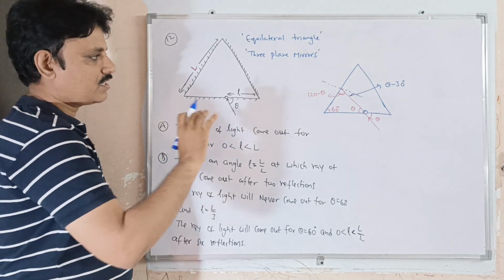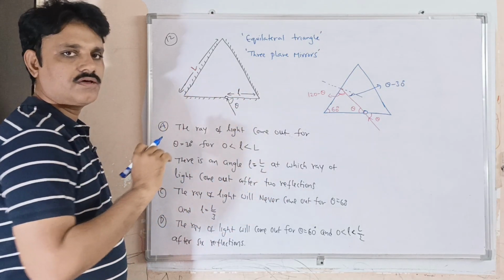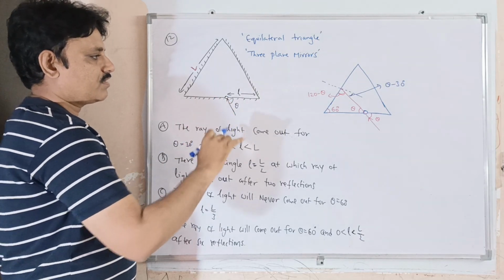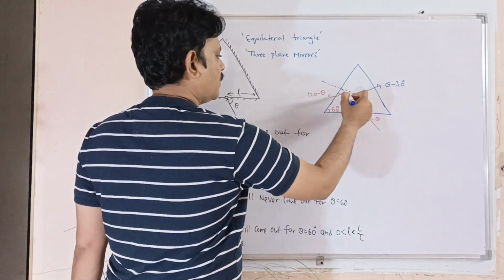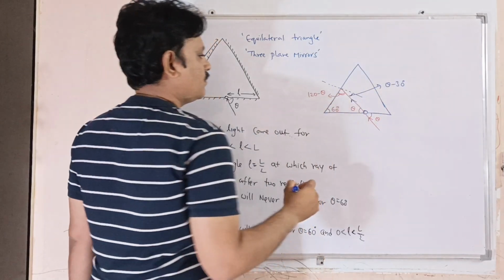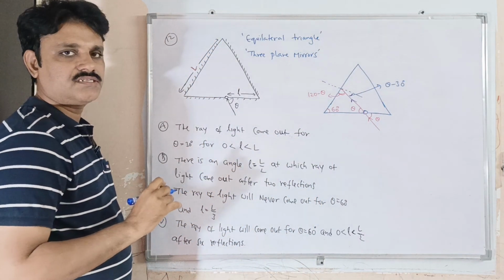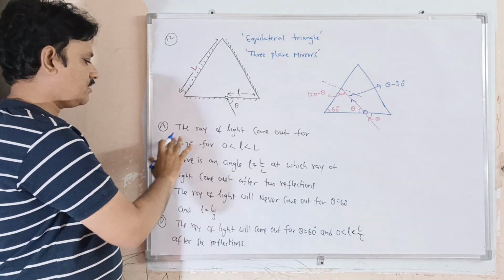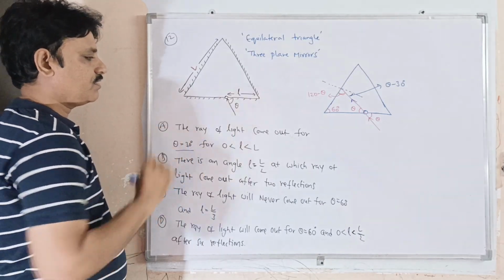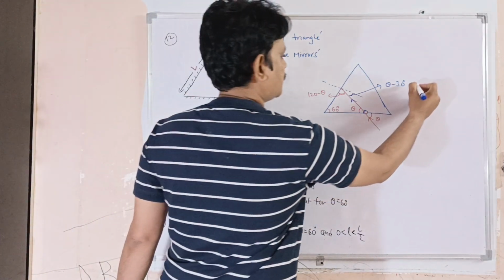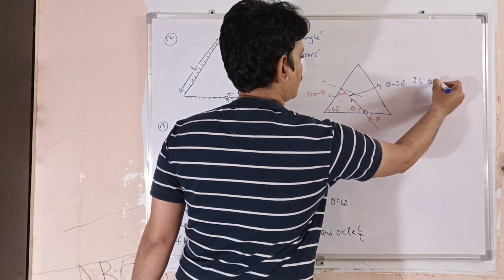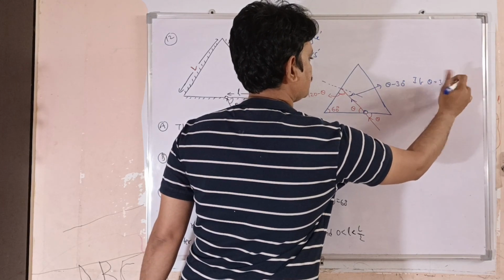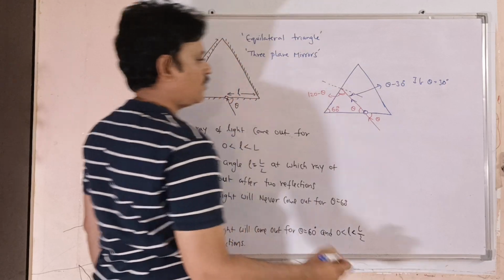So whenever the light ray enters the region with an angle theta, it will be reflected in this way, and theta minus 30 is the angle between the normal and the light ray. In the first case, let us suppose theta is equal to 30. If theta is equal to 30 degrees, what happens?